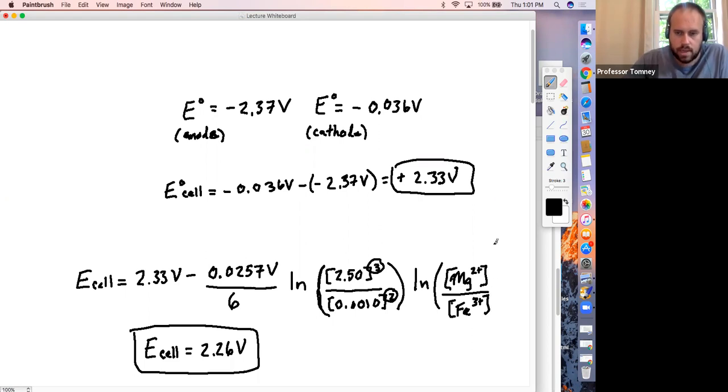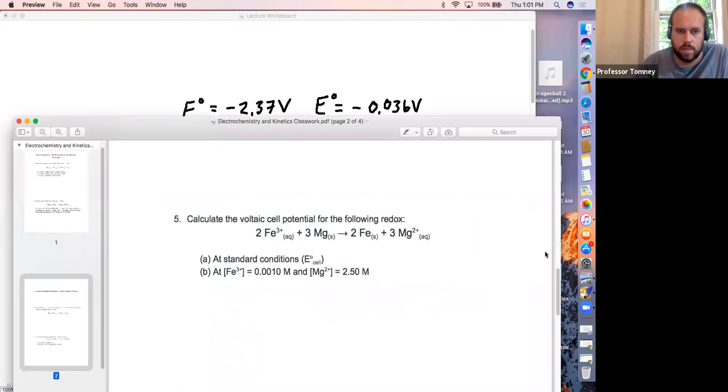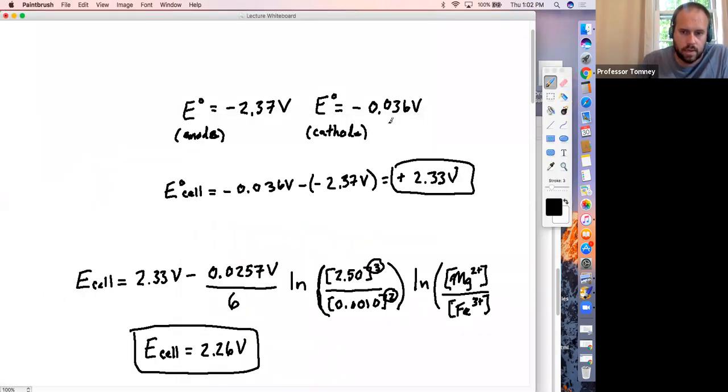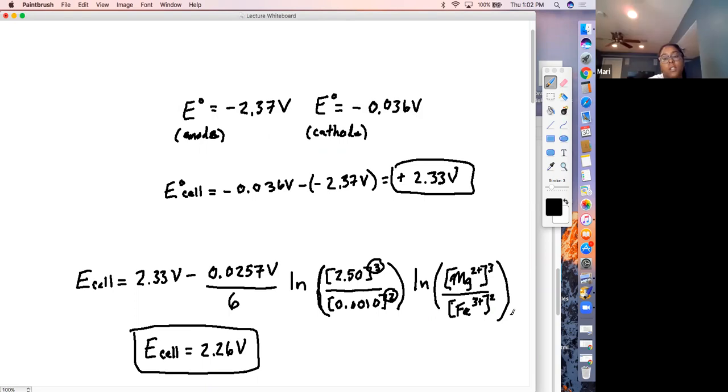So when we're looking at that, we have to consider the stoichiometric coefficients. If you look at this equation, the stoichiometric coefficient for the magnesium 2+ is 3, and the stoichiometric coefficient for the iron 3+ is 2. So those stoichiometric coefficients, 3 and 2, are going to be what I am raising this value to. So that's why this is 3 and 2. Does that make sense? Yes, thank you. Not a problem.